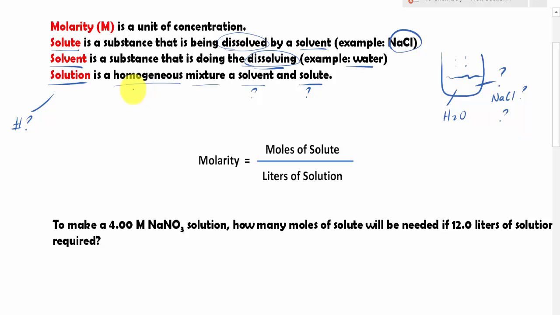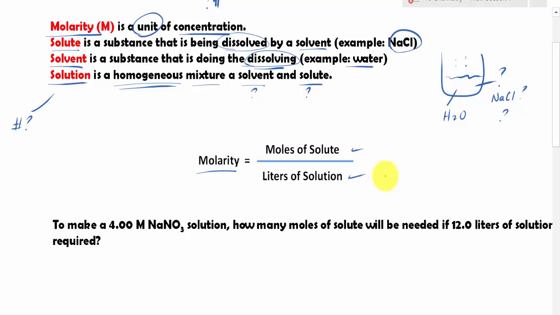So how do we quantify the amount of table salt in this solution? We use the unit molarity. And molarity, therefore, is a unit of concentration that is defined by this equation. Molarity is equal to moles of solute divided by liters of solution.